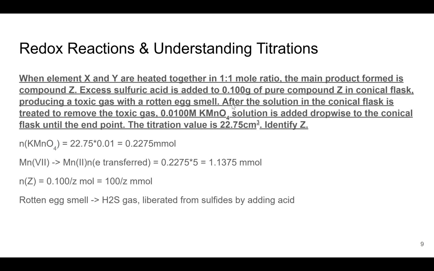Then, after having dealt with all these numbers inside the question, let's take a look at the qualitative aspect to understand what exactly is going on in the titration. So, the rotten egg smell is quite characteristic of hydrogen sulfide gas, and it can be liberated from sulfides by adding a lot of acid.